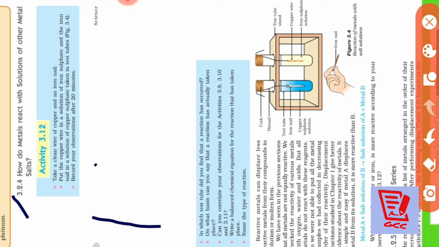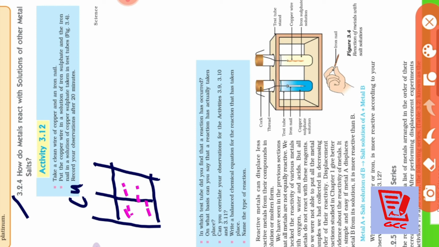Means there is a copper wire, and this copper wire is in the solution of iron sulfate. Let it be, this is the iron sulfate solution.